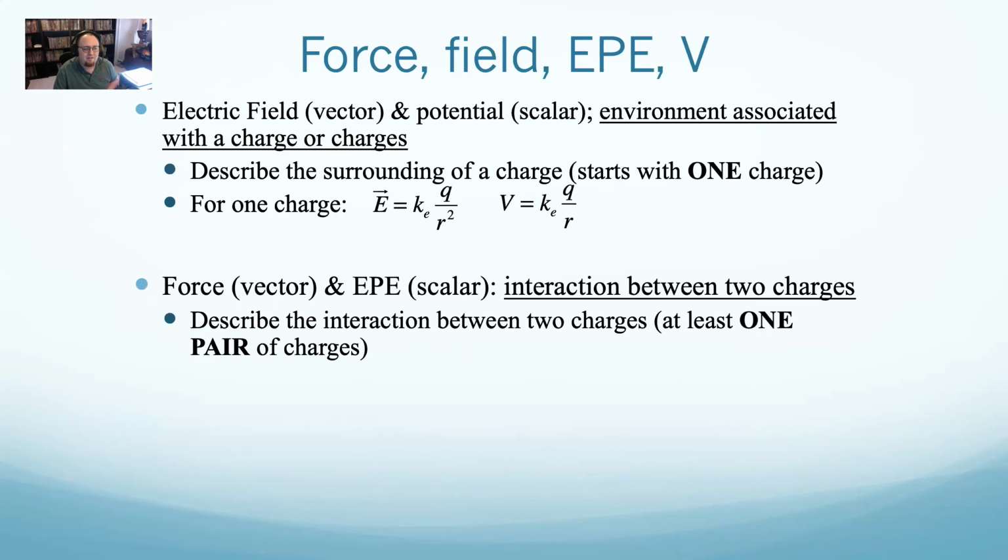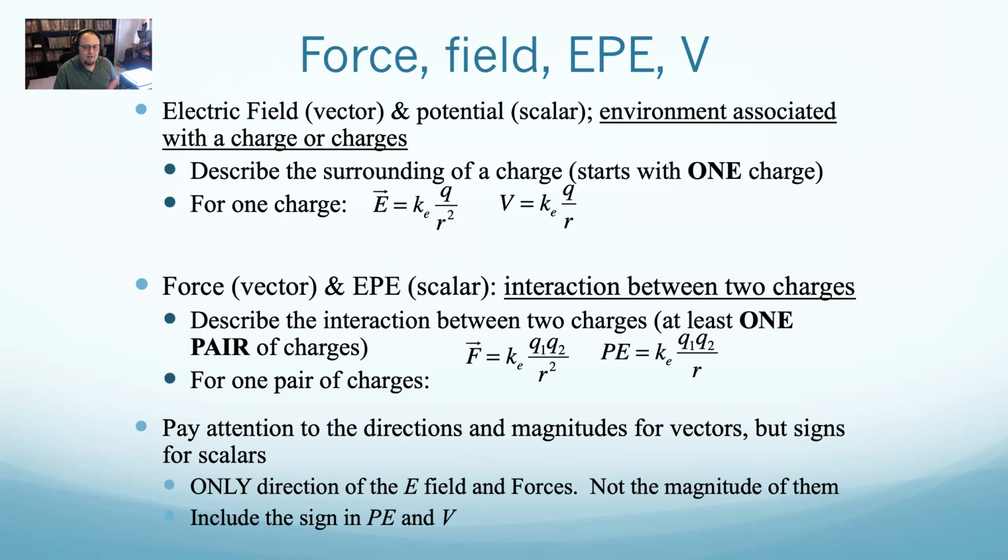For any pair of charges, I misspoke, we can talk about the force between two and the potential energy between two, which also have very similar equations. But force is a vector, potential energy is not. Keep in mind that you must pay attention to the direction and magnitude for the vectors, but the signs for scalars.